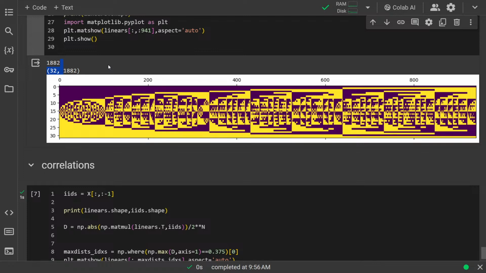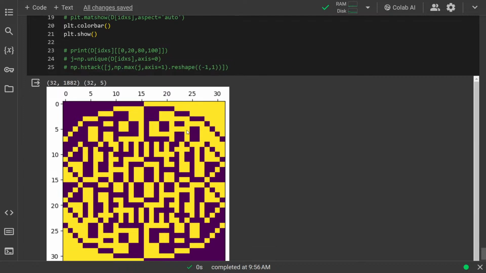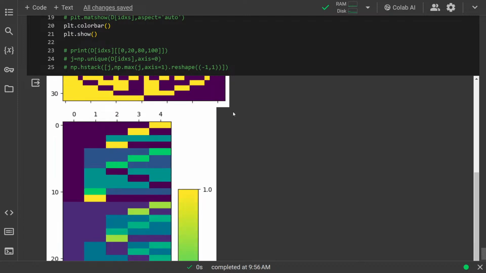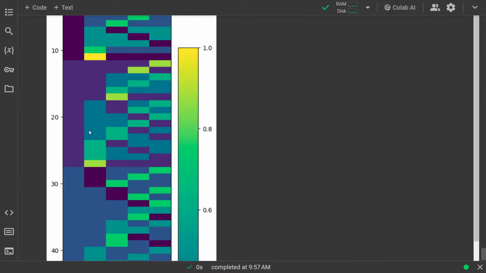There's 1882 general balanced n equals 5 LTFs, and I guess 32 of them have correlation of 37.5, which is also the max distance you can get.